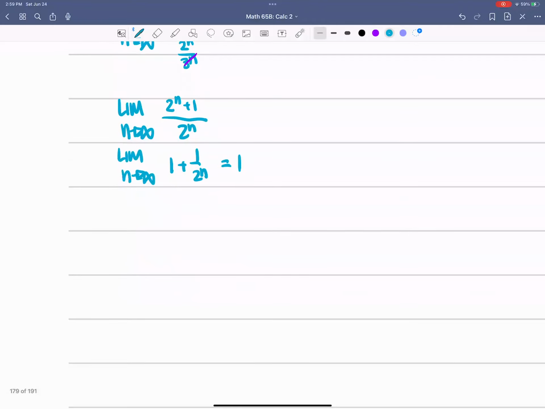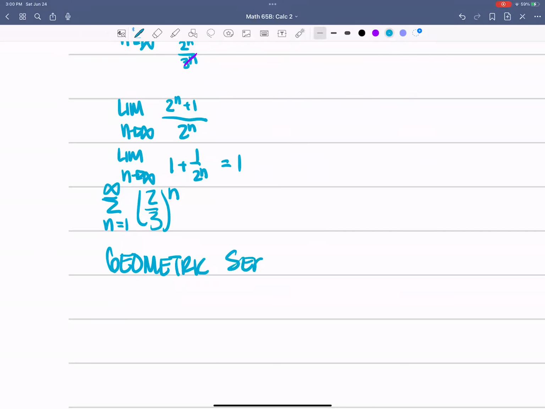So we're going to look at the sum as n goes from 1 to infinity of 2 over 3 to the power n. Based on this one here, we have a geometric series.